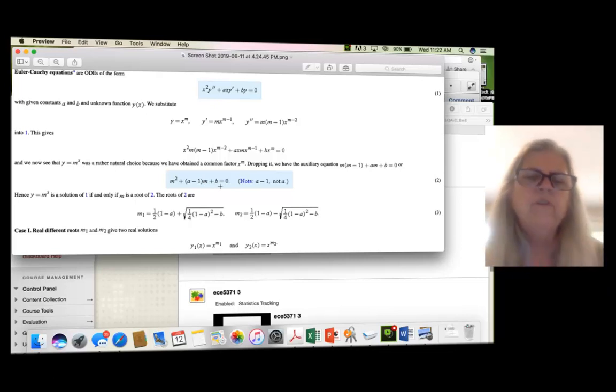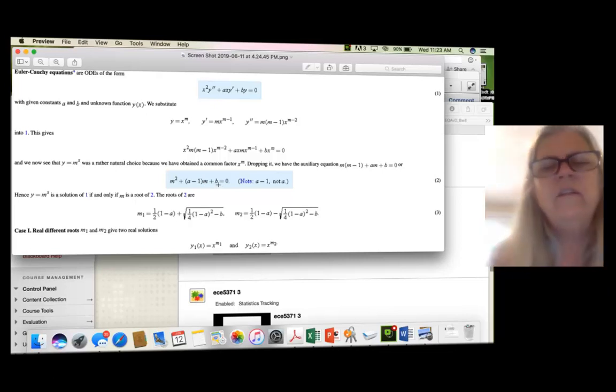What I want you to note is that the middle term in this auxiliary equation has a coefficient of a minus 1. So in one of your homework problems, you're actually given m1 and m2, and they happen to be the same, so it's a double root.